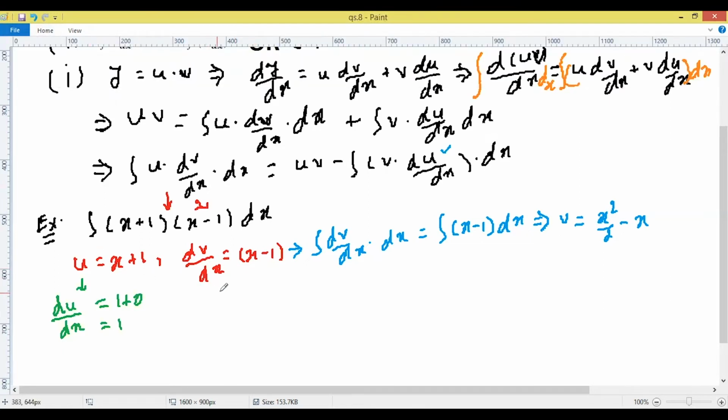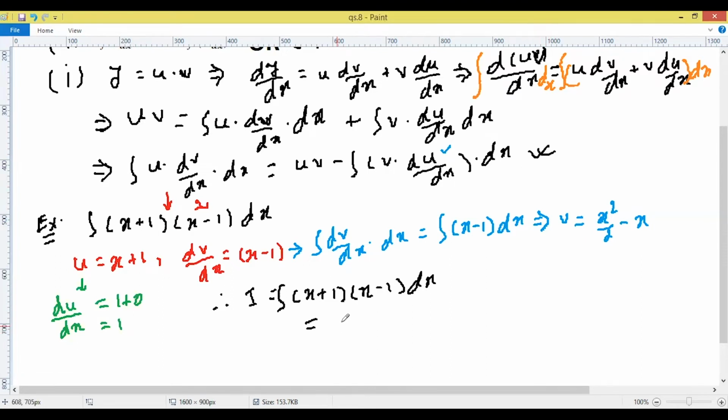Okay, if you proceed further, you have the integration, therefore we can also write I equals the integration of x plus 1 times x minus 1 dx. At this time we are using formula 1, that means we are using this formula.